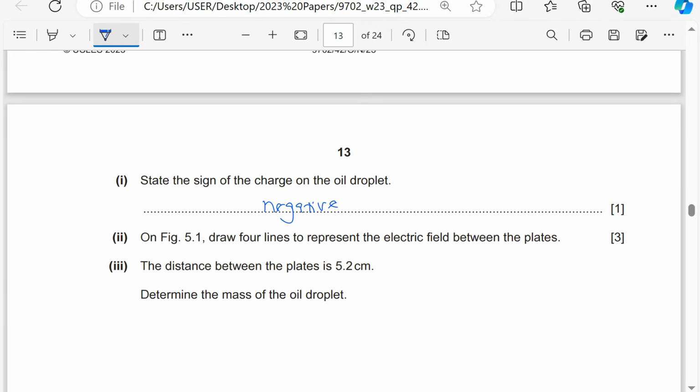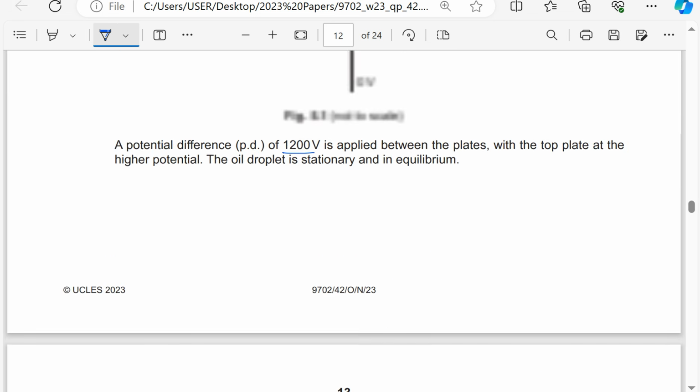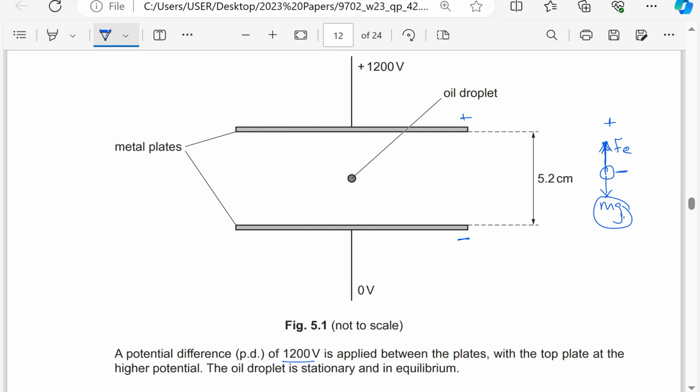Then on the figure, draw 4 lines to represent the electric field between the plates. So you must draw this. This is a uniform field, so you must draw equally spaced field lines.